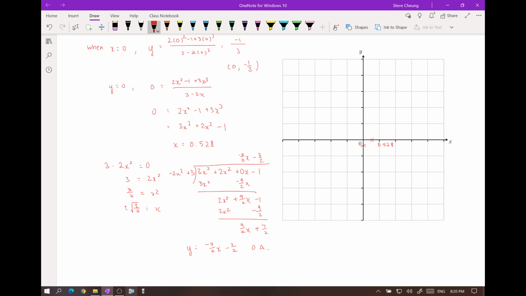Actually, it's square root of 3/2, which gives us approximately 1.22. So roughly here, so let's say this is x equals √3/2. And then symmetrically, we have the negative here.